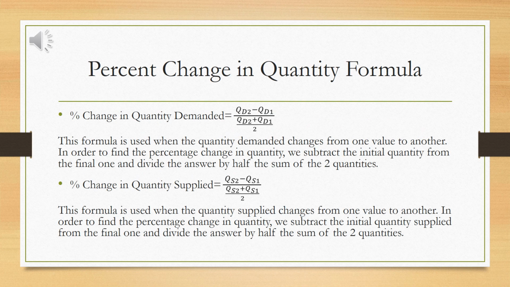The percent change in quantity demanded formula is used when the quantity demanded changes from one value to another, and the percent change in quantity supplied formula is used when the quantity supplied changes from one value to another.